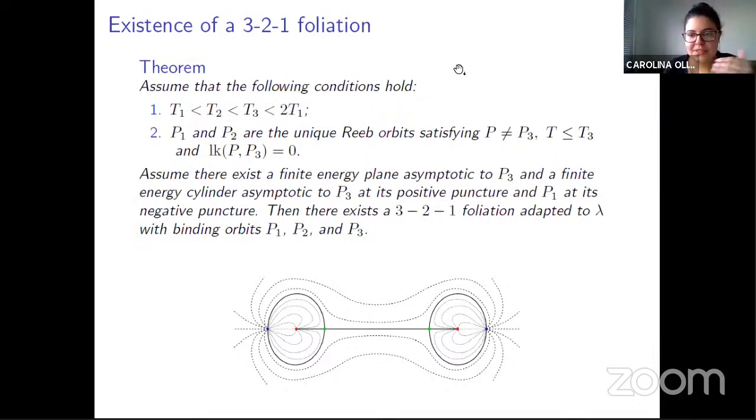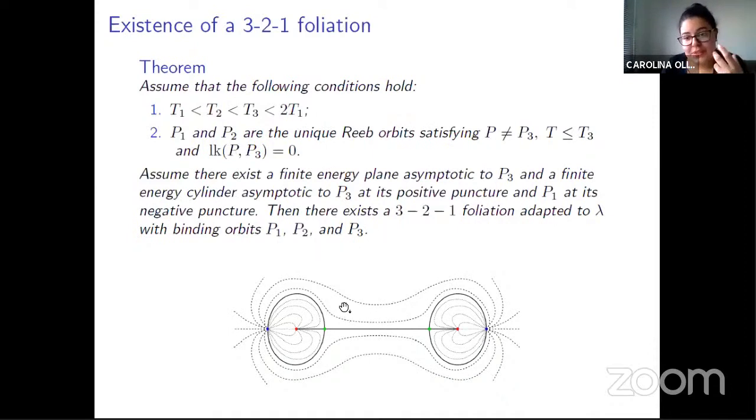We don't have any hypothesis of non-degeneracy, but we need some stronger hypotheses. It is that if your candidates to binding orbits have periods that are close in this sense, and if these orbits P1 and P2 are the only orbits that have small period and are not linked to P3. So all other orbits either have large period or are linked to P3.